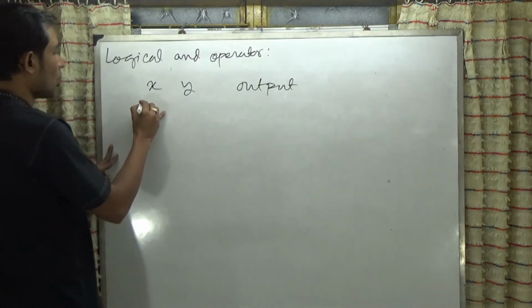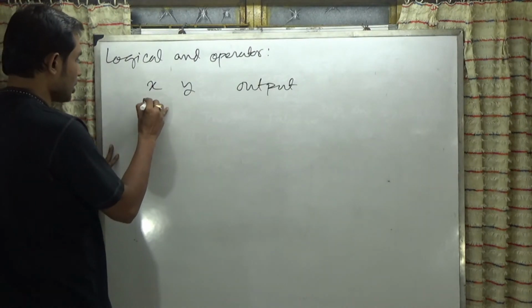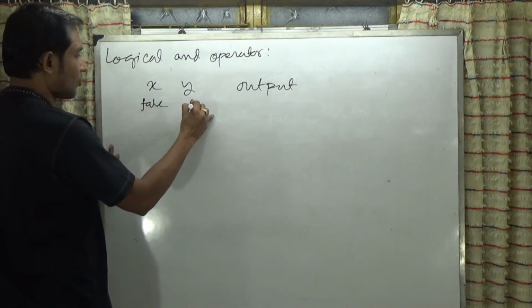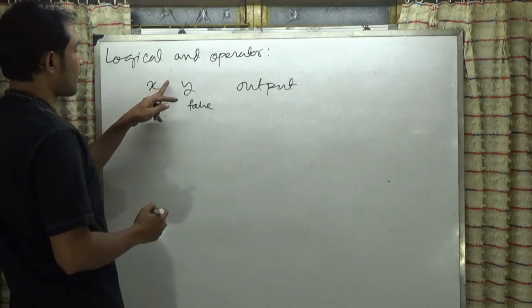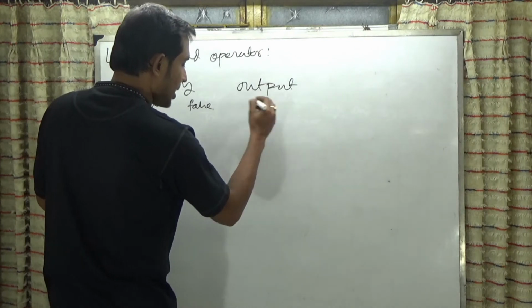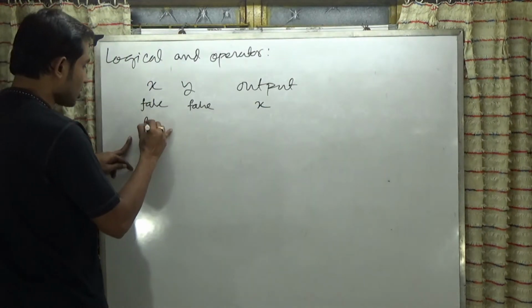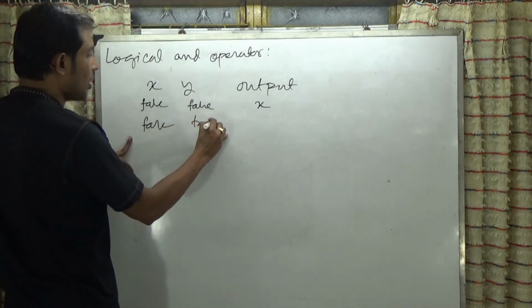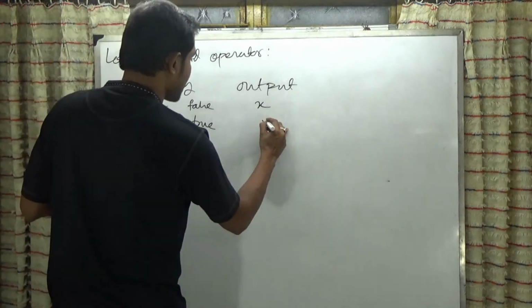So the truth value of x is false and y is false. As x is false, the output becomes x. Still x is false and y is true. As x is false, it returns x.